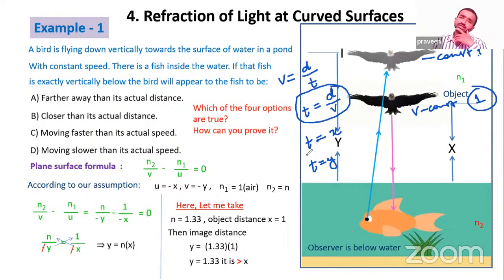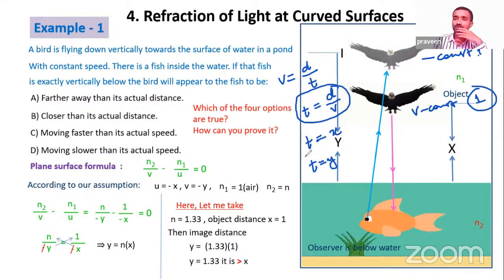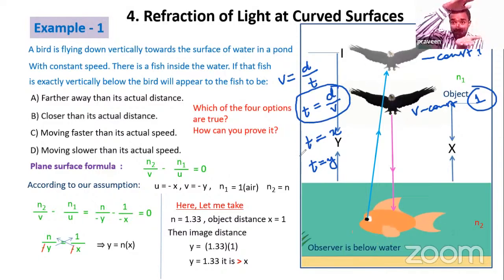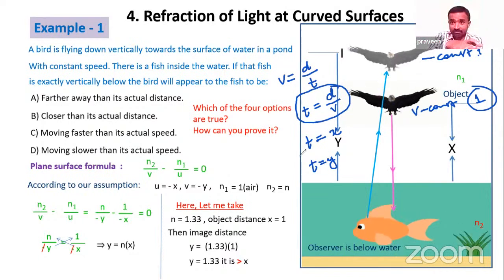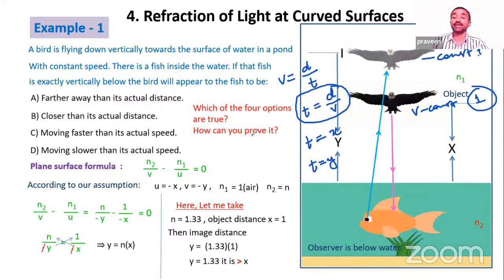Is this correct? If it is correct, the image will remain above the water level. Is it possible? No. The bird and the image will reach the water surface at the same time. That means the image will move faster than its actual speed.